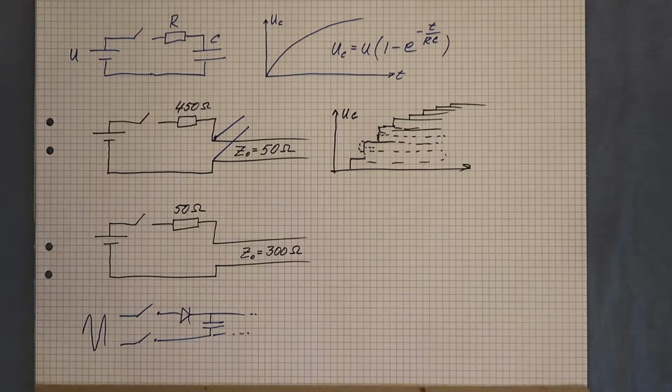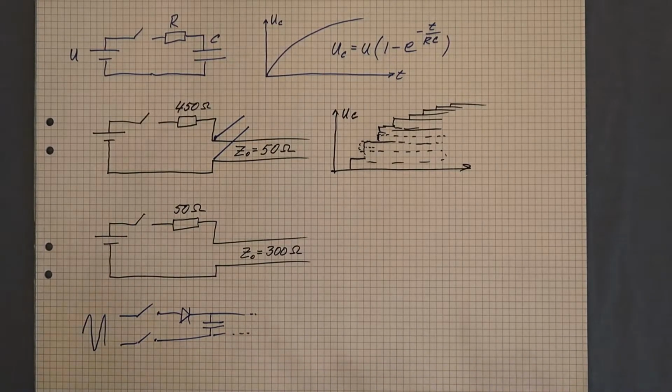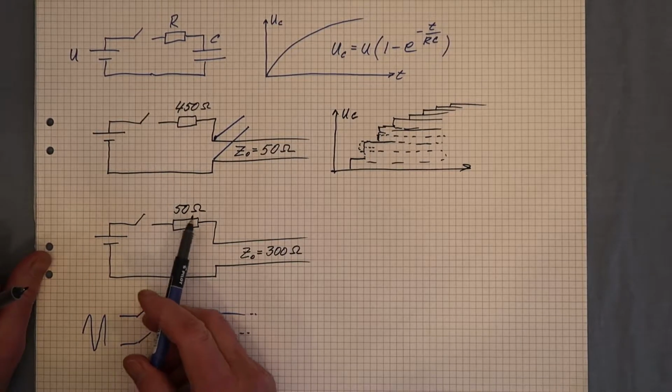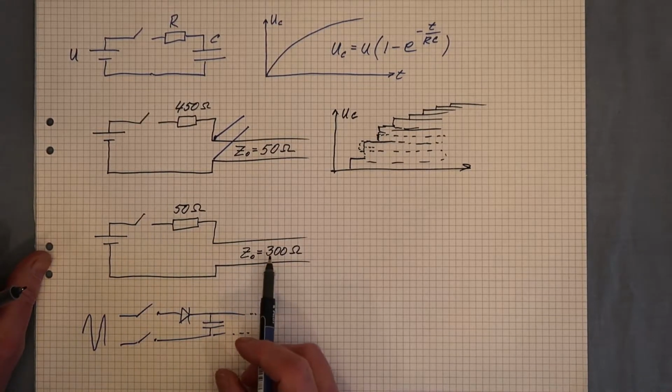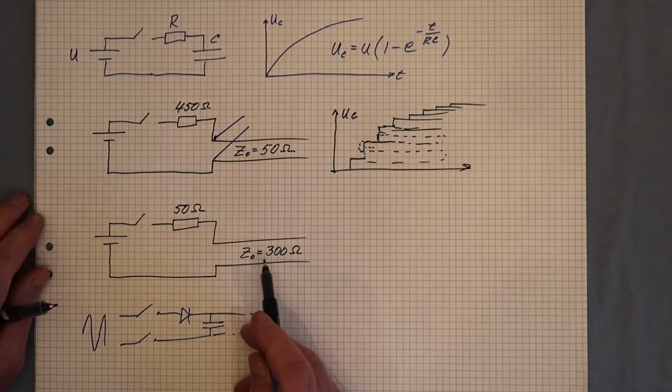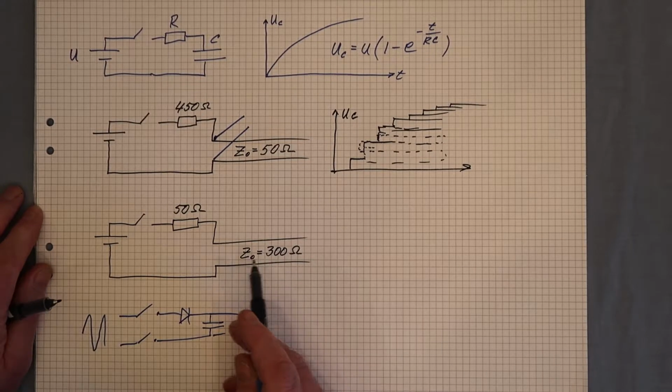Okay, the next measurement is when the internal resistance is lower than the characteristic impedance of the capacitor cable.